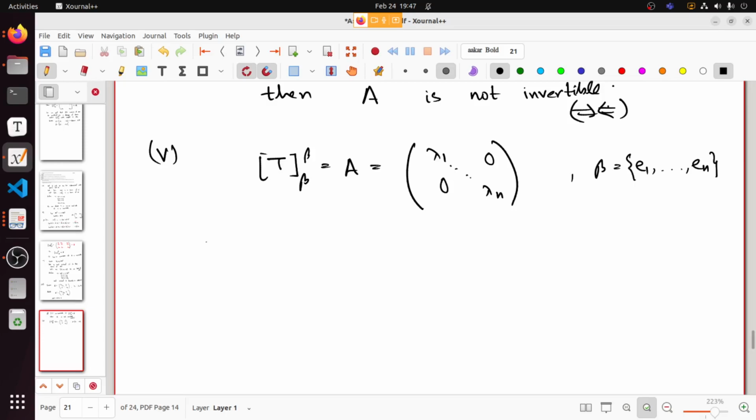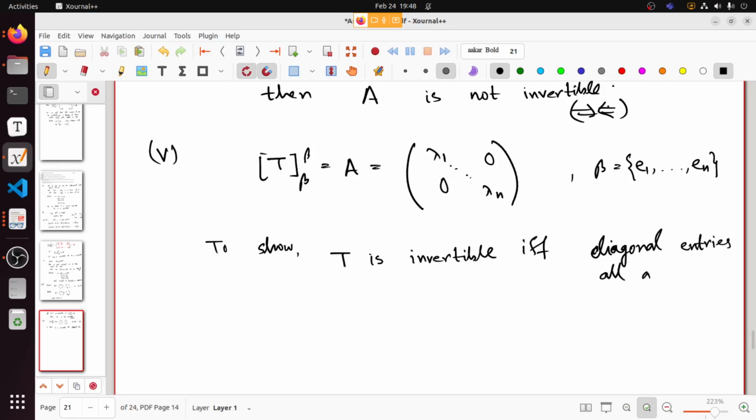Then we have to show T is invertible if and only if all the diagonal entries are non-zero, right?